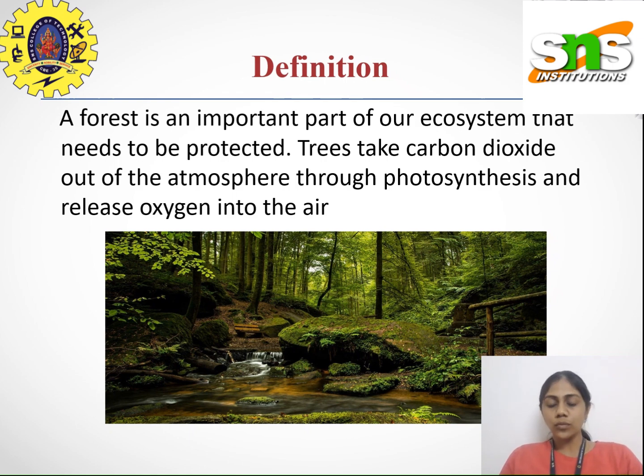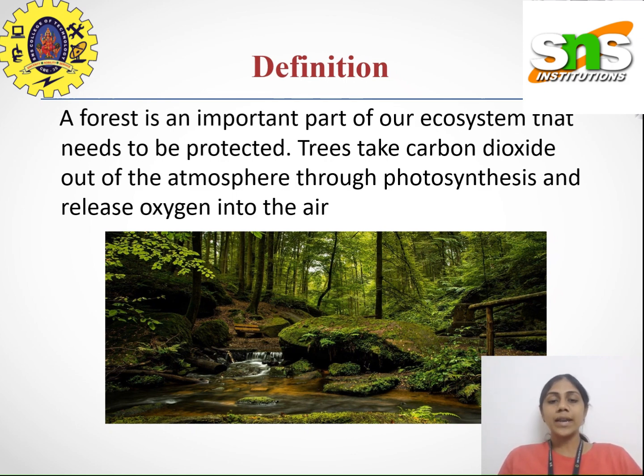But according to the Food and Agriculture Organization, a forest is land spanning more than 0.5 hectares. They are more into the terminology and the numbers. That is, land spanning more than 0.5 hectares with trees higher than 5 meters and a canopy cover of more than 10%, which is not primarily under agricultural or urban land use.